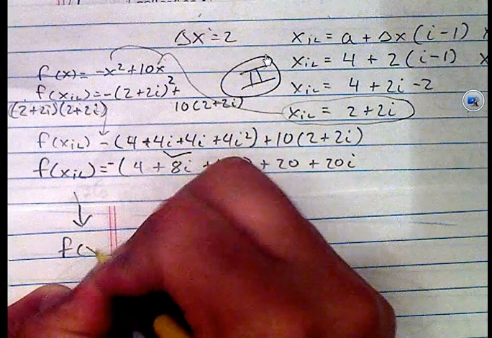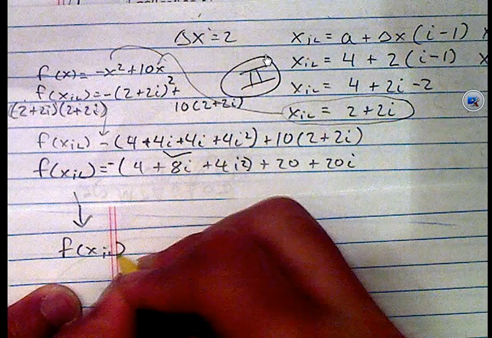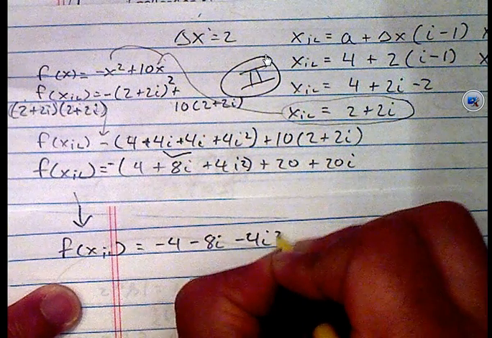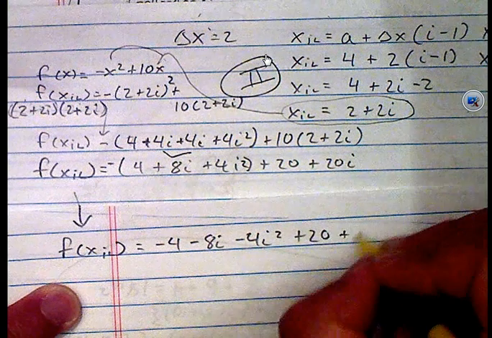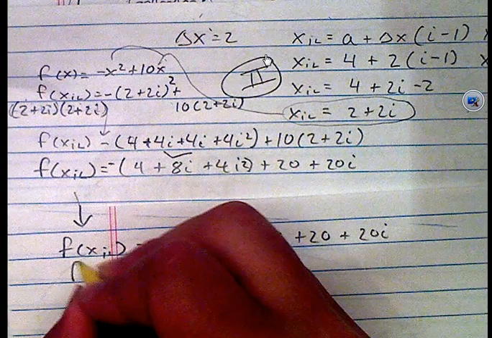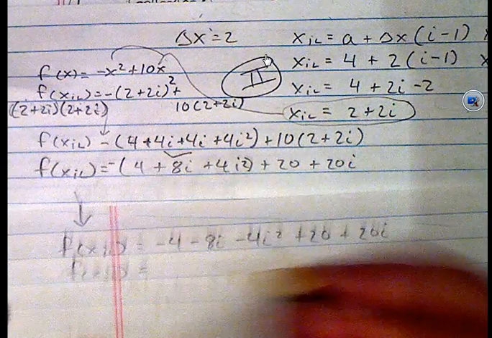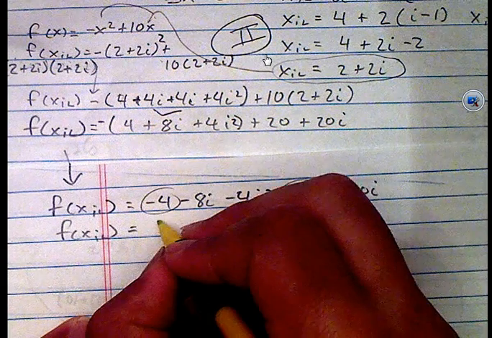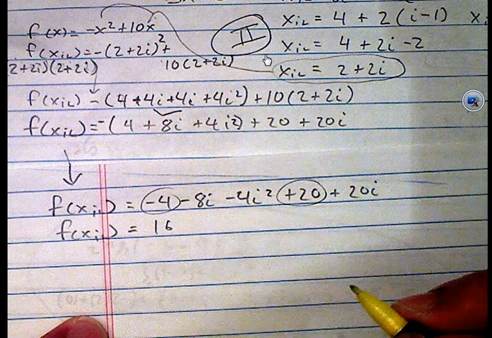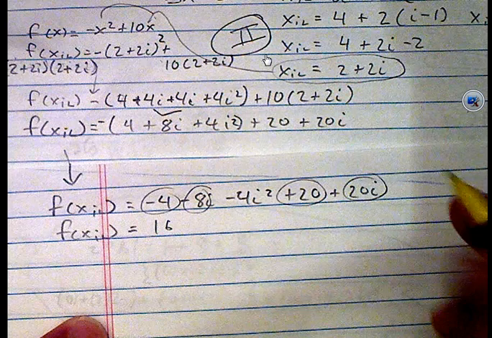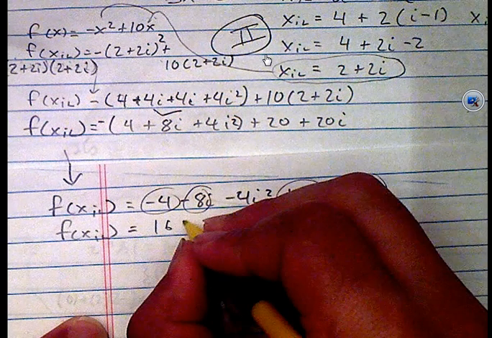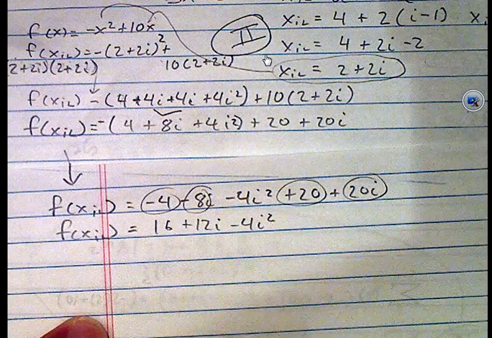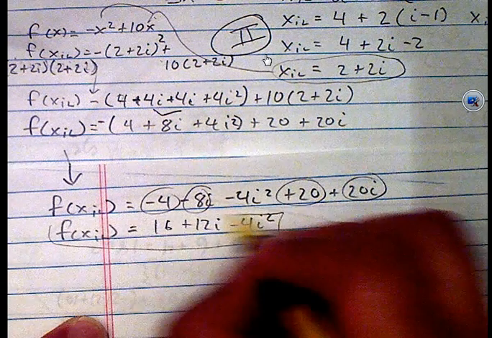F of x of IL equals negative 4 minus 8i minus 4i squared plus 20 plus 20i. 20 and negative 4 make 16, negative 8i and 20i make plus 12i, minus 4i squared, and there I go. There is f of x of IL. Okay.